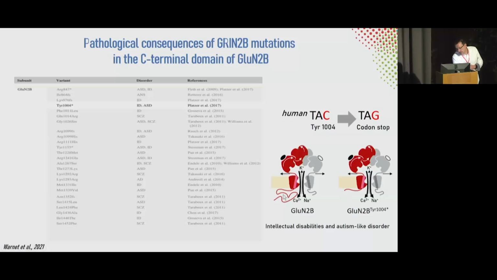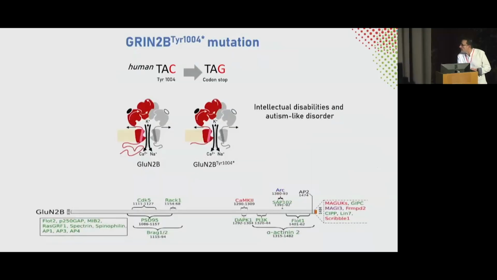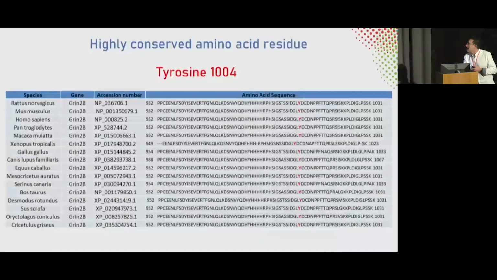This pathological mutation is related to intellectual disability and autism-like syndrome. So when you remove the C-terminal domain of GluN2B, you remove the possibility for all these proteins to interact with the NMDA receptor, which has a big consequence in terms of physiology and the signaling cascade.